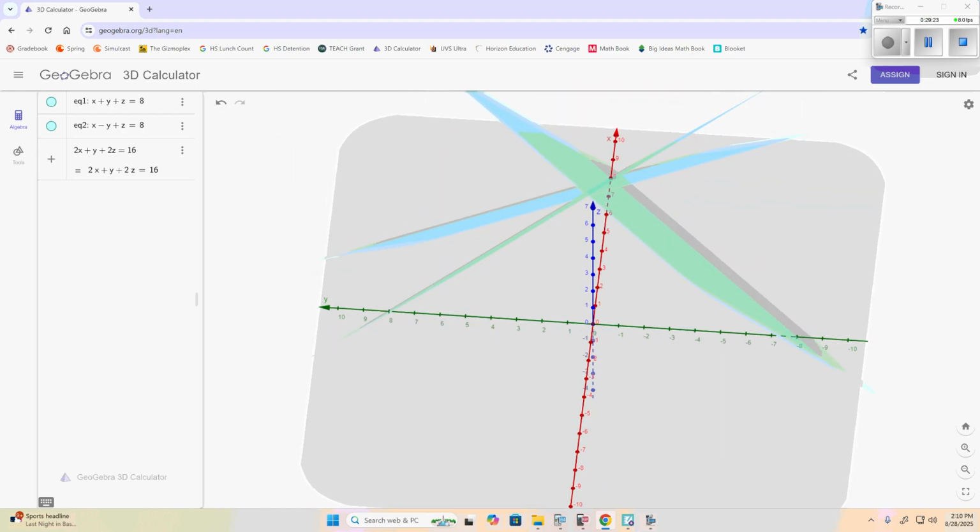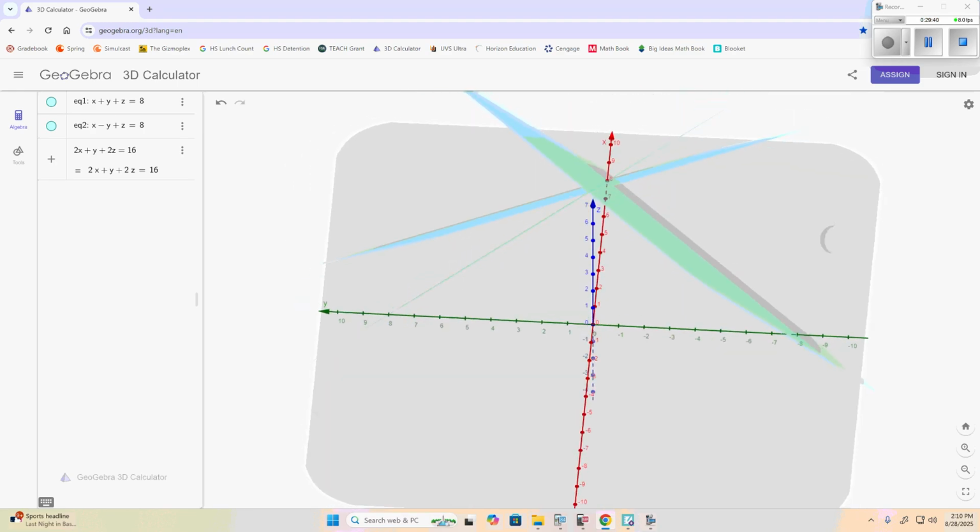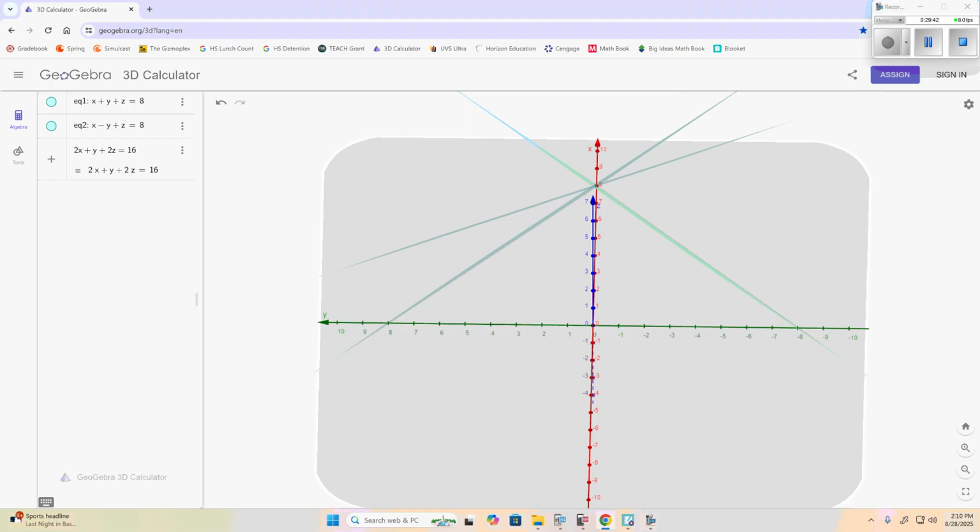Because where all three of these are intersecting, because we're looking kind of straight down on it, is a straight line. So if it's one point, it's one spot. There's that single solution here. So all three of these here, as we see here, that whole spot.